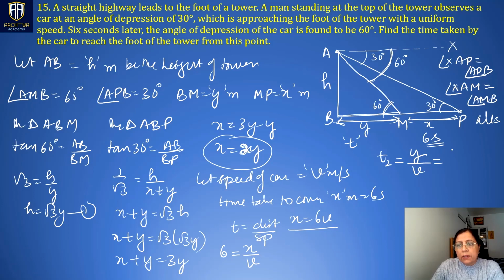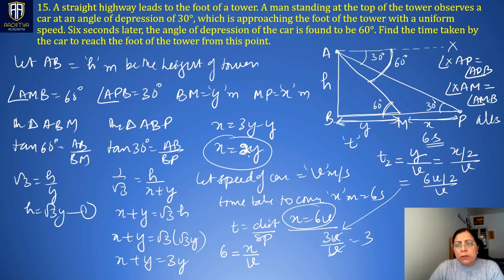So x by 2 divided by v. Now what we have found? x is equal to 6v. That means 6v by 2 divided by v. I can cancel here. This is 3v by v. That is 3. Right?